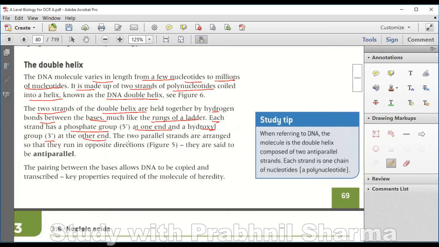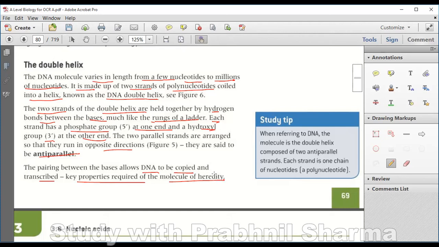And the two parallel strands are arranged so that they run in opposite directions, and they are said to be anti-parallel. So these two strands are running in opposite directions to each other and therefore they are known as anti-parallel. The pairing between the bases allows DNA to be copied and transcribed, key properties required for the molecule of heredity.